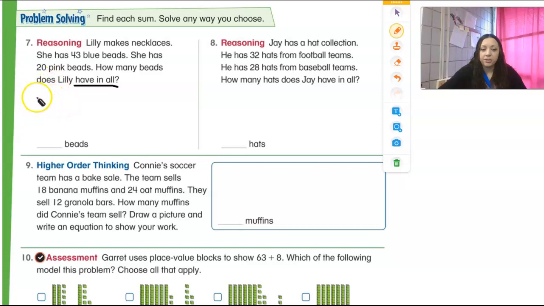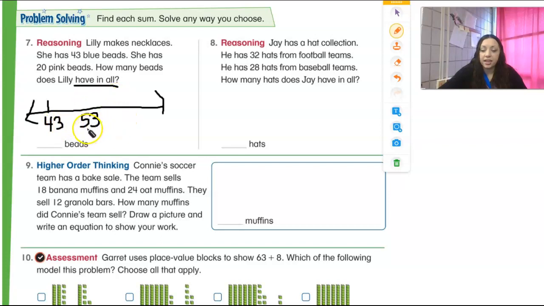So I have 43 that I'm going to start with, and let's use a number line on this one because look, I notice this has 10, so I can jump by 10s. So if I have 43, and on a number line, if I want to make my number line jump by 10s, I had 4 10s and 3 1s. I add a 10 and it would be 5 10s and 3 1s.